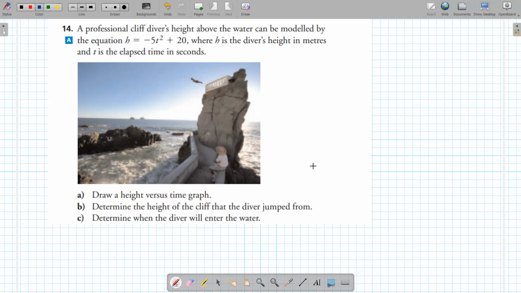so we're given an equation for a height, and the first question is asking us to draw a graph. All right, what can we pull out there? Negative 5t squared plus 20, what can we pull out? -5. All right, what are we left with? t squared minus 4.